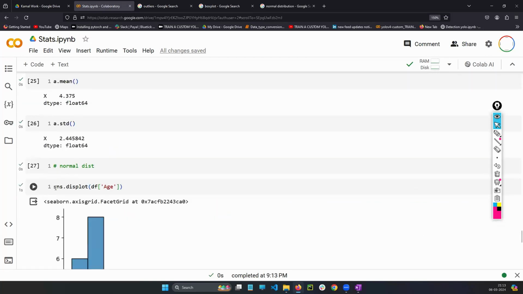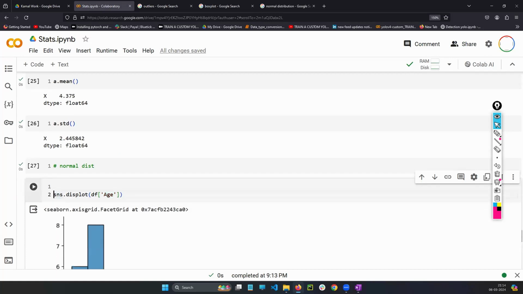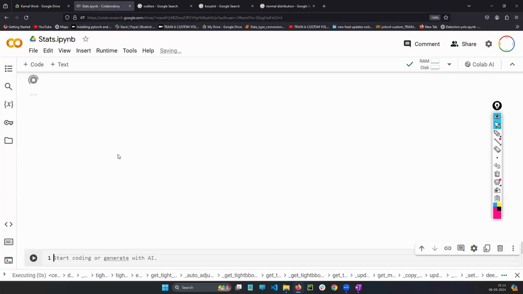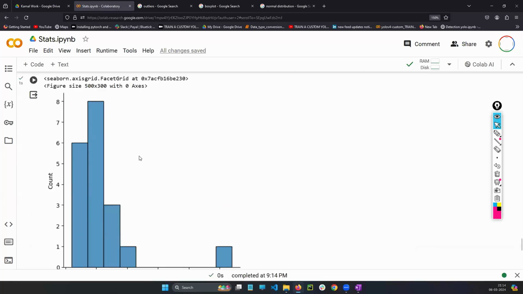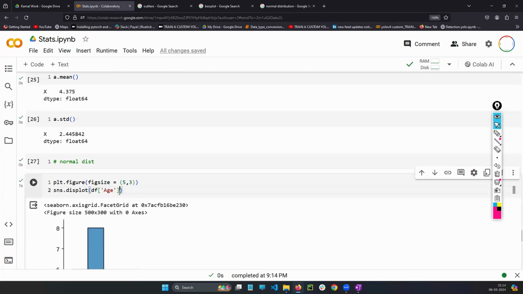So first I will decide plt.figure with figsize equals 5,3. So the visualization will be very small, looks good, but it's coming as a histogram.